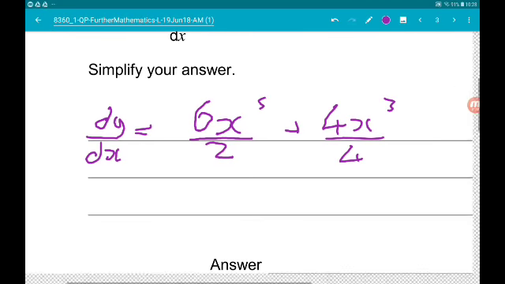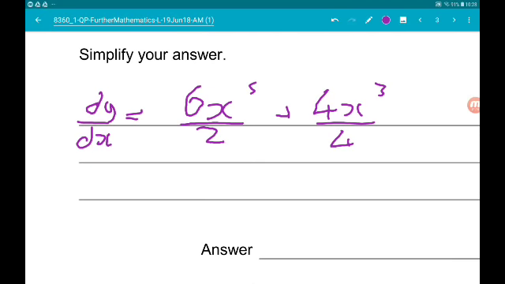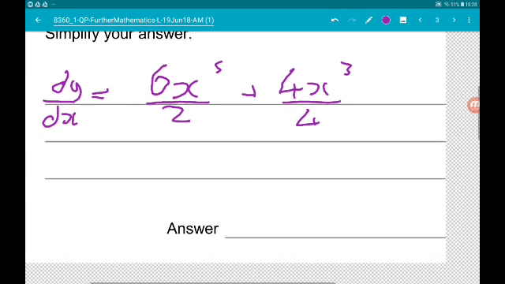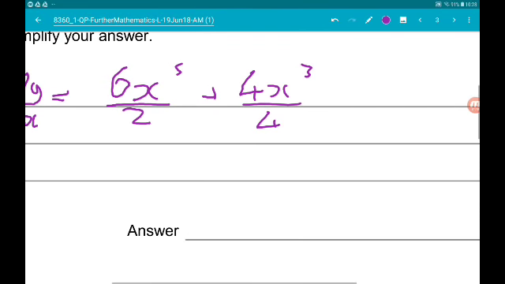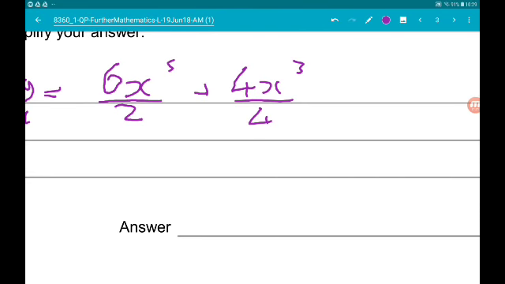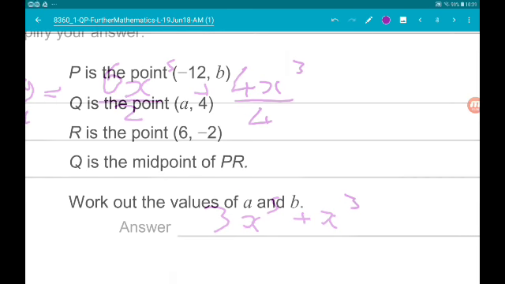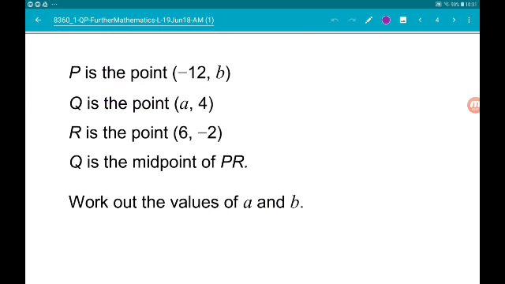So that's the differentiation done. Now we just need to simplify. So 6x to the 5 over 2 cancels to 3x to the 5, and 4x cubed over 4 is just x cubed. Cool.